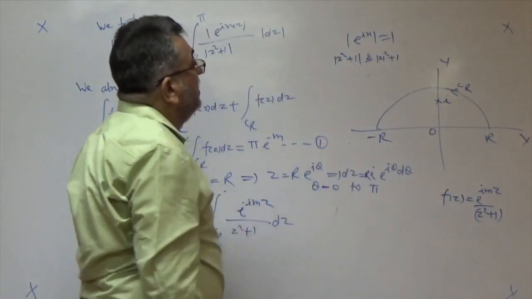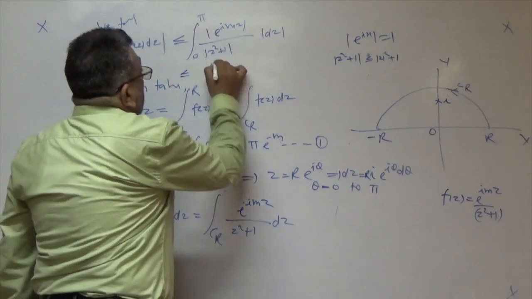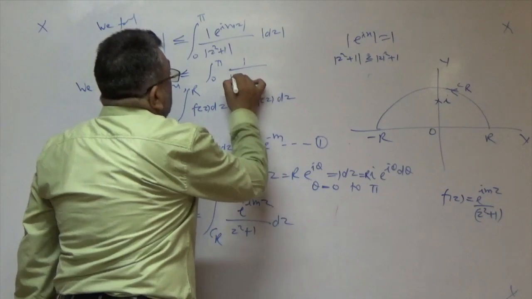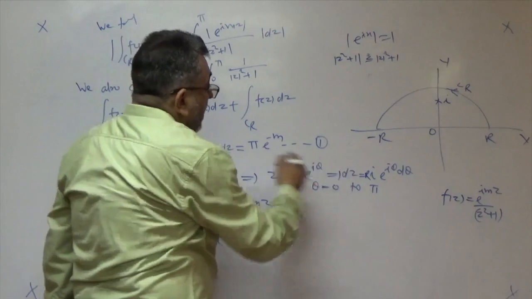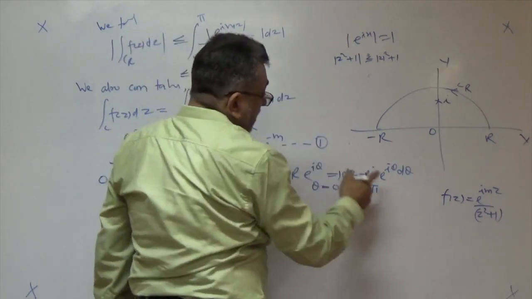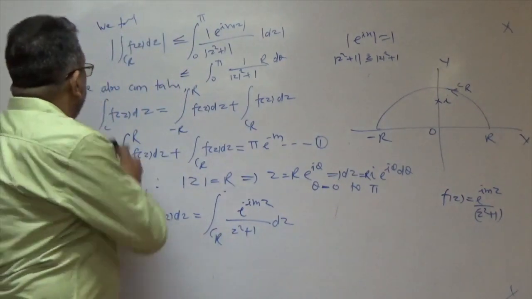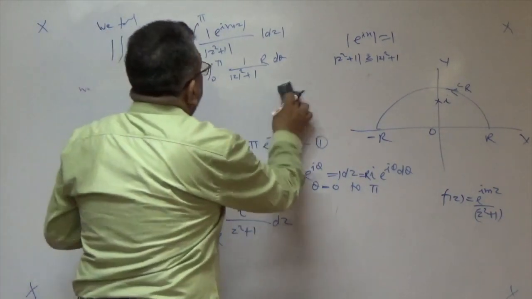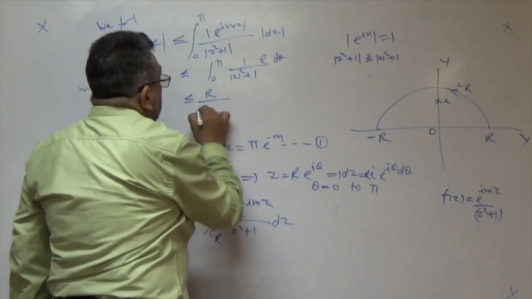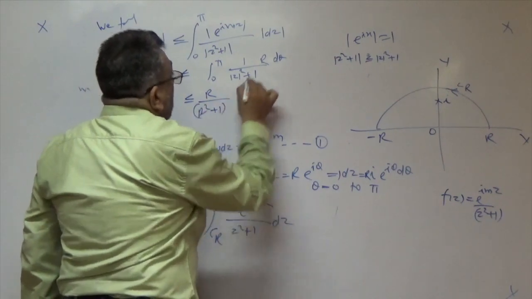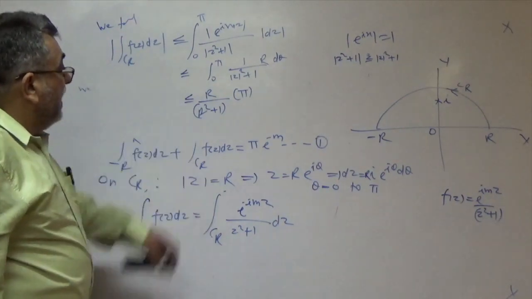If we take this, then this is the integral from 0 to pi, with 1 in the numerator and mod z square minus 1 in the denominator. Mod dz means R, since mod i is 1 and mod e to the power i theta is 1, times d theta. Further, with mod z equal to R, this is R upon R square minus 1 times theta, which gives pi R upon R square minus 1.